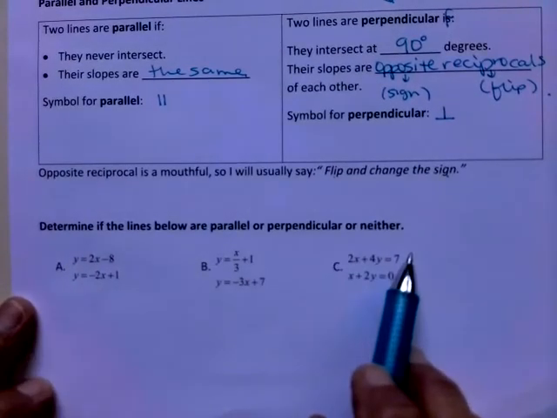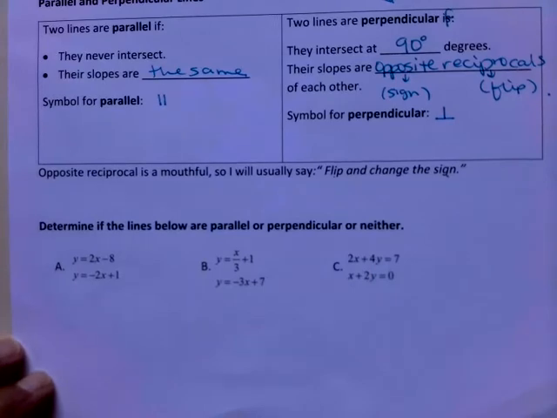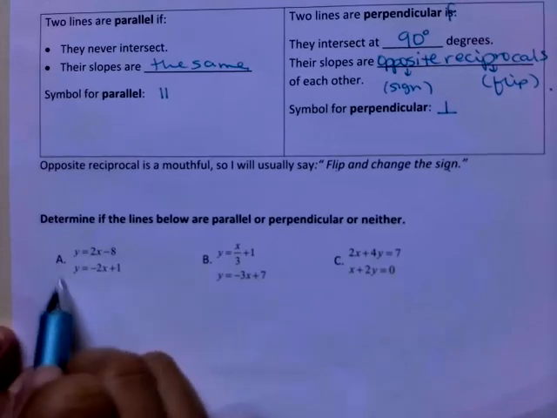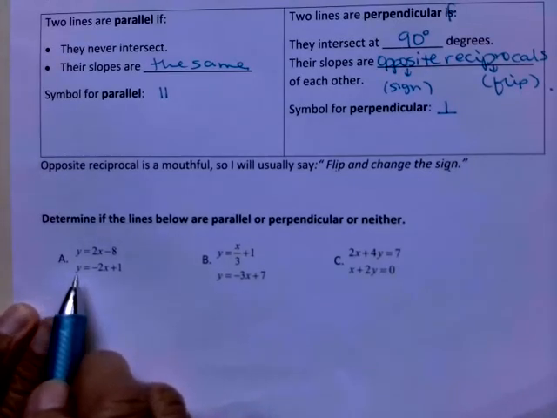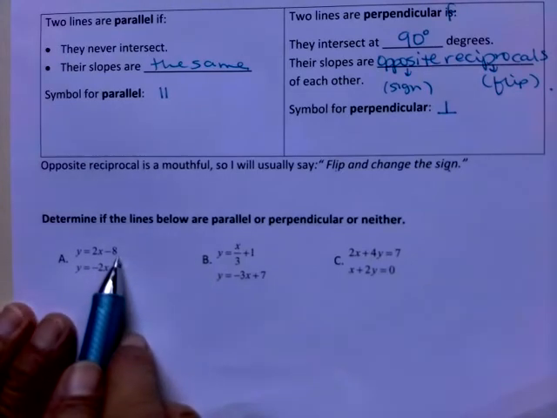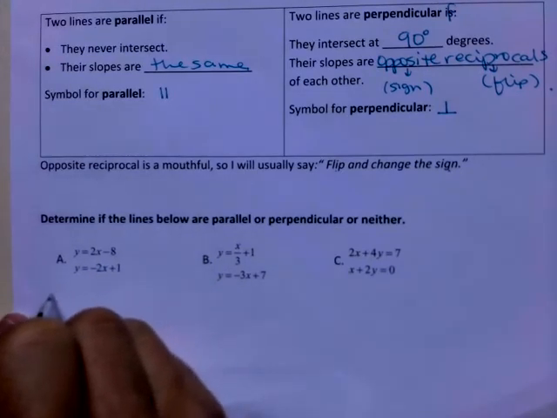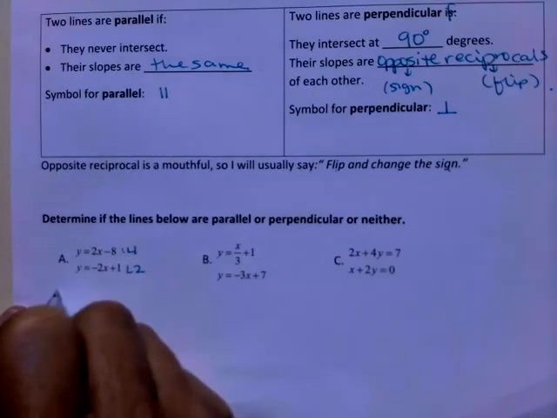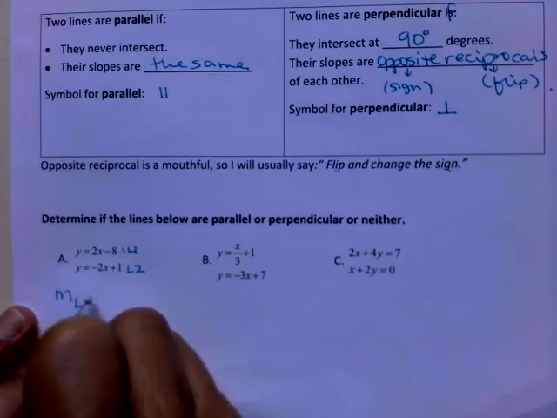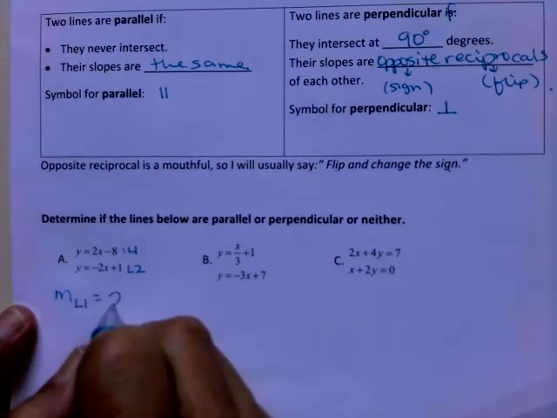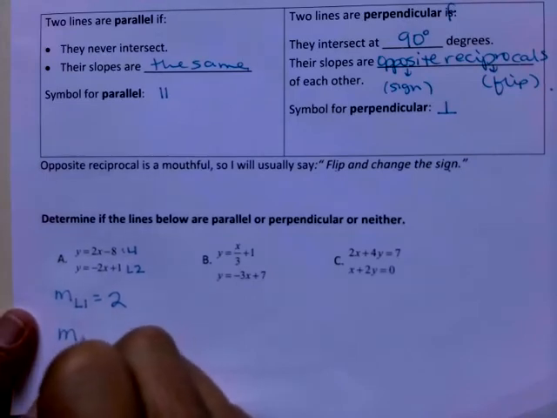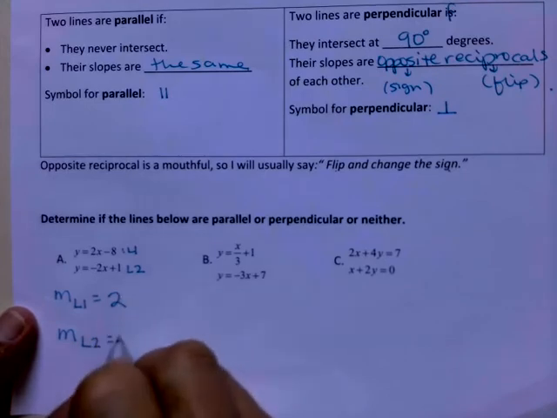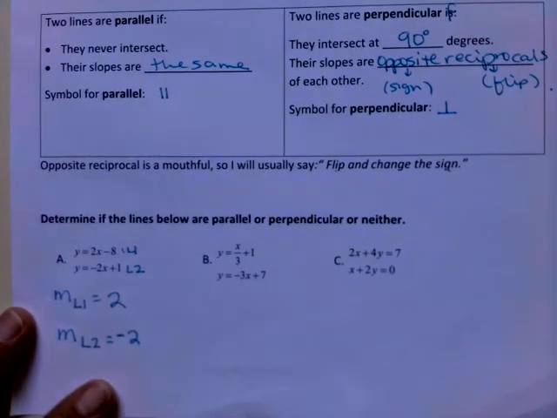Determine if the lines below are parallel or perpendicular or neither, right? Most sets of lines are going to be neither, except when we're practicing. So first one, A, is kind of nice because it's already solved for y. So y equals 2x minus 8. We'll call that L1, and this one here will be L2. The slope for L1 is 2, and the slope for line 2 is negative 2.